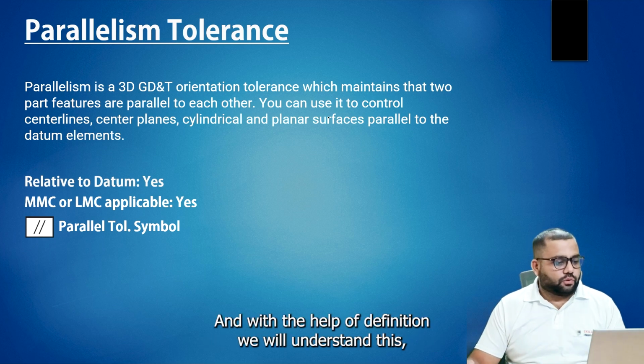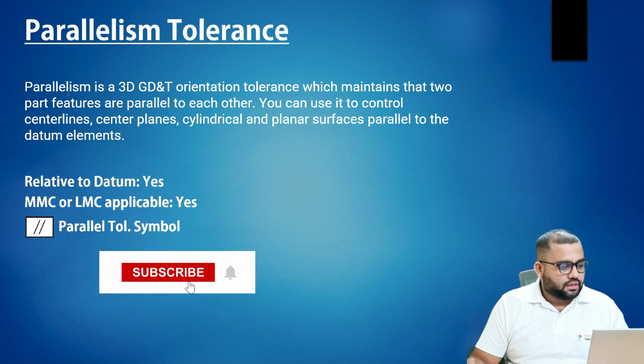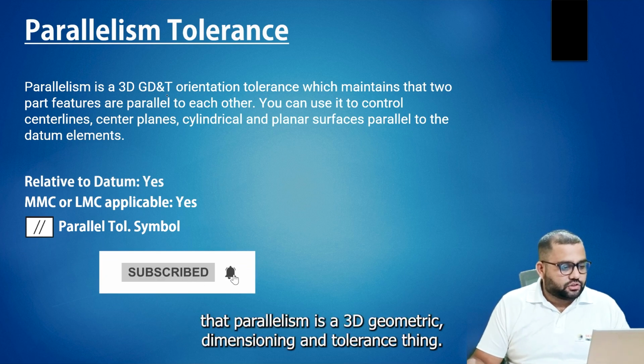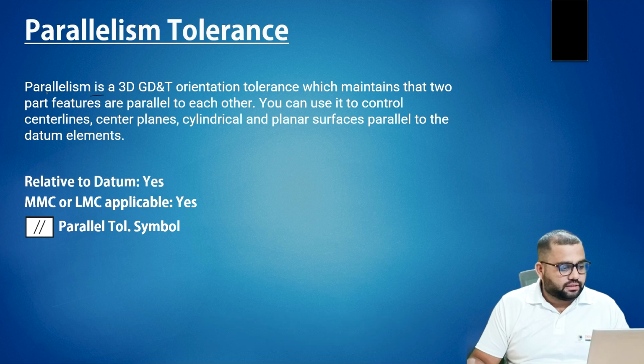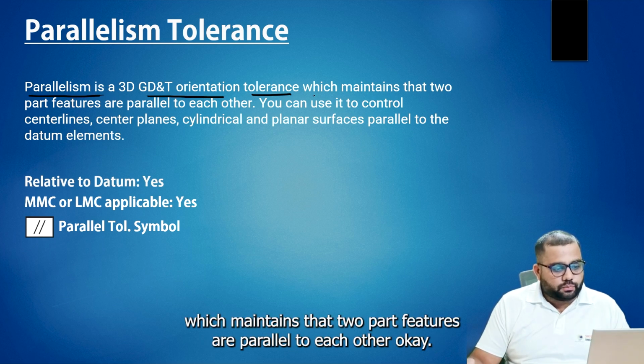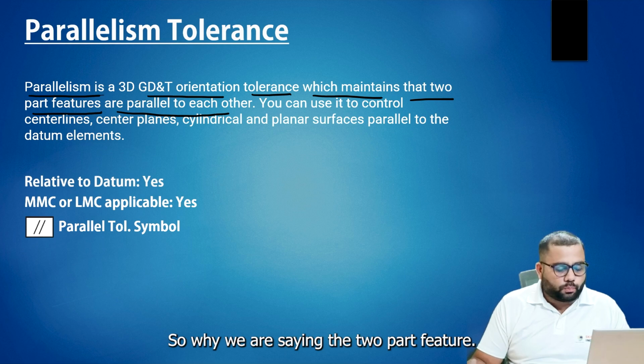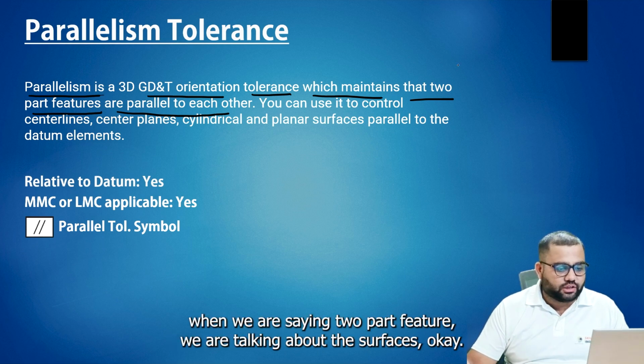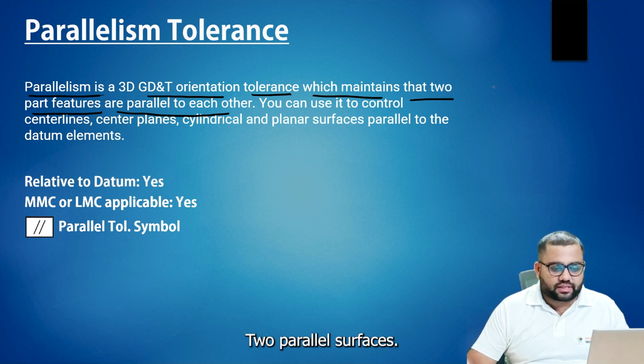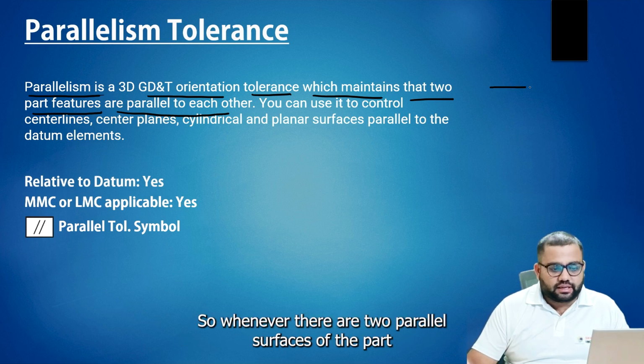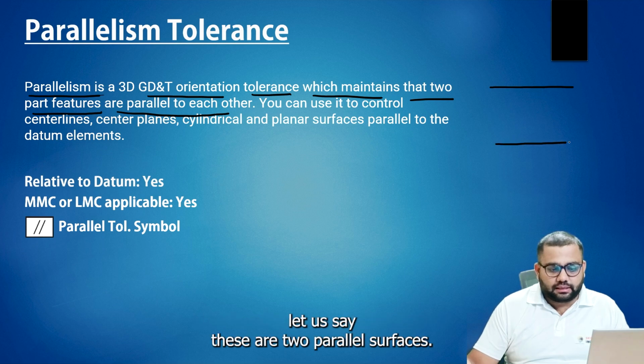With the help of the definition, we will understand that parallelism is a 3D geometric dimensioning and tolerancing orientation tolerance, which maintains that two part features are parallel to each other. When we say two part features, we are talking about surfaces, two parallel surfaces of the part.